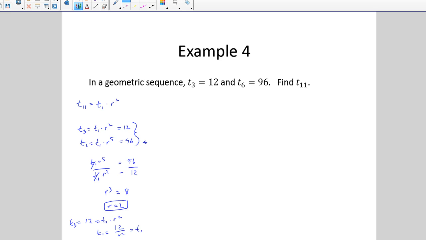So t1 is going to be 3, by plugging in r equals 2. So now we have the pieces of information we need. t11 is going to be that first term, 3, times our r of 2 raised to the 10th power.